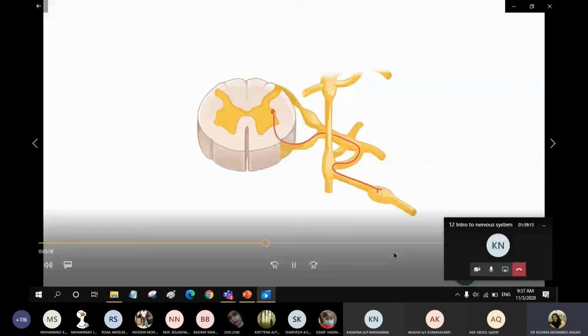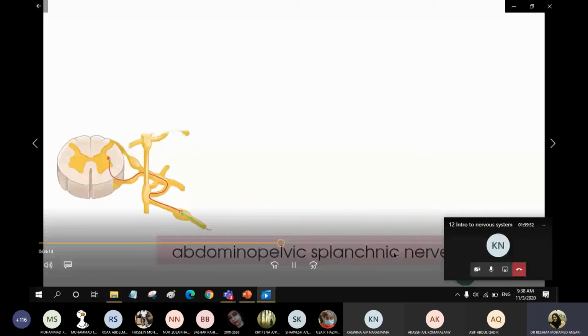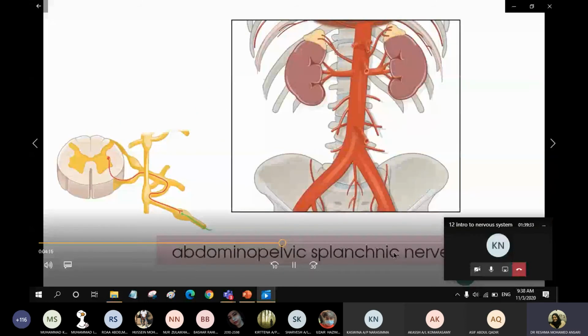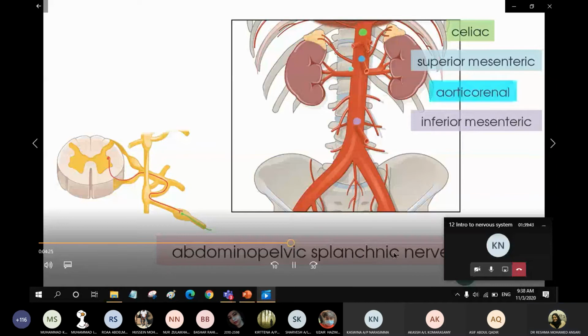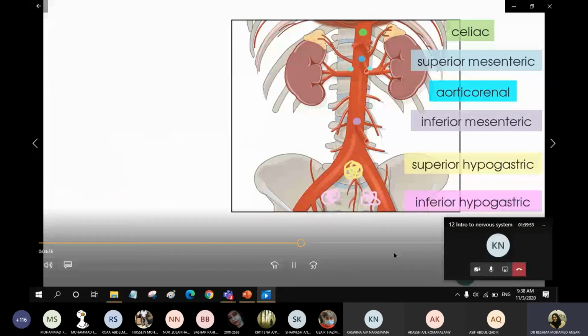Abdominopelvic viscera means they will supply the spleen, liver, the intestines, like that. You can see the kidneys are there. They synapse in ganglia near the organs, three or four here. They synapse in these ganglia and then supply the abdominopelvic organs. The names like celiac and mesenteric are not important. You just have to know the ganglia are near the organ.